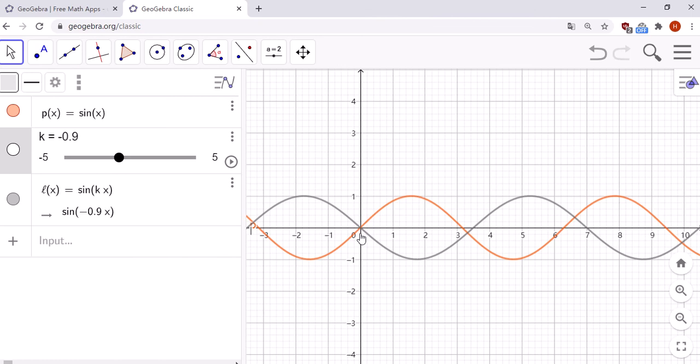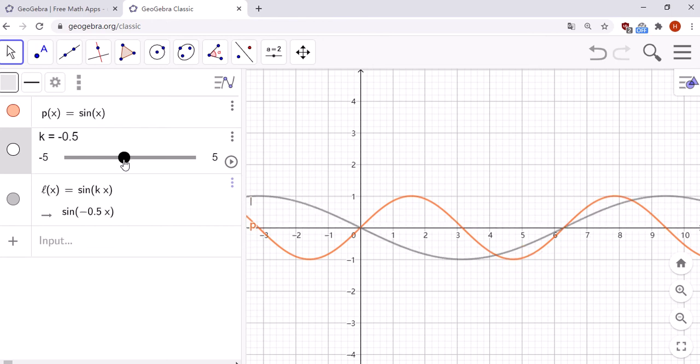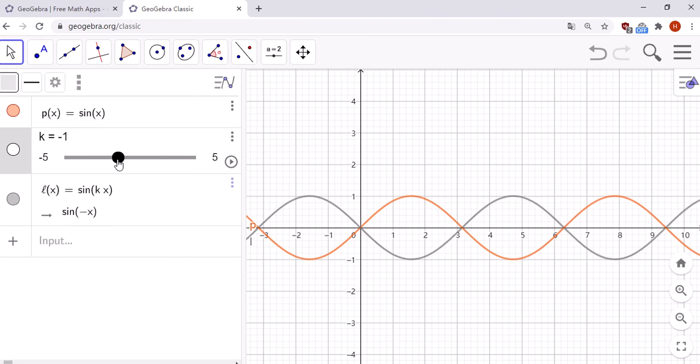The left side and right side exchange. This actually is k equals negative 1, right?